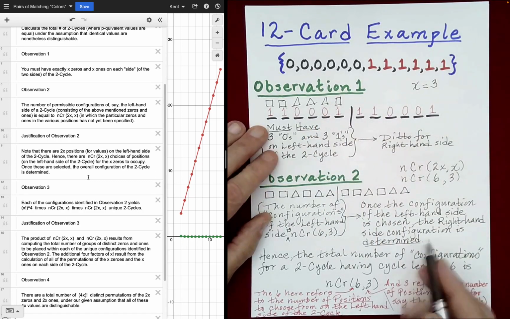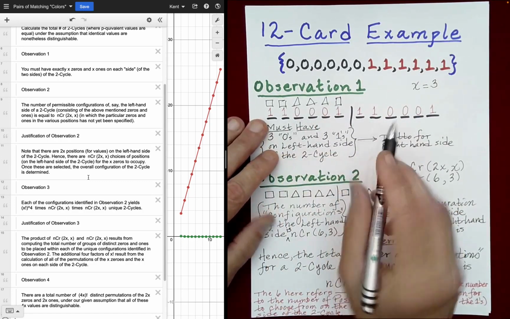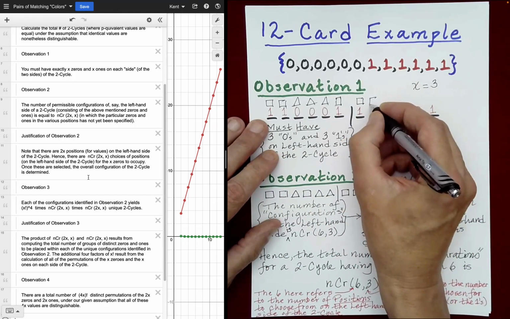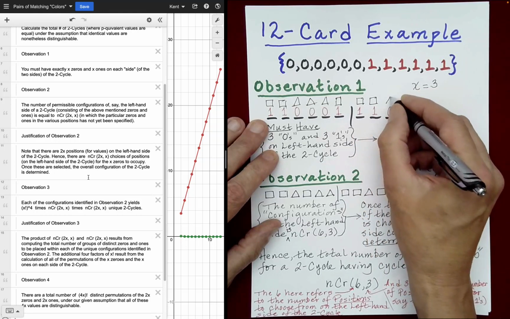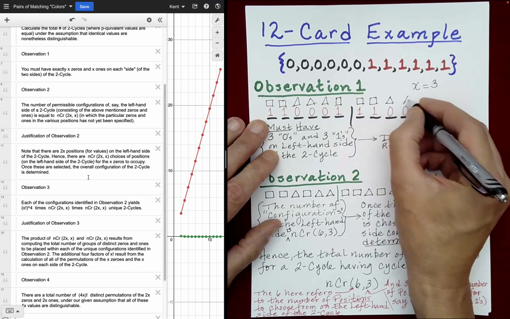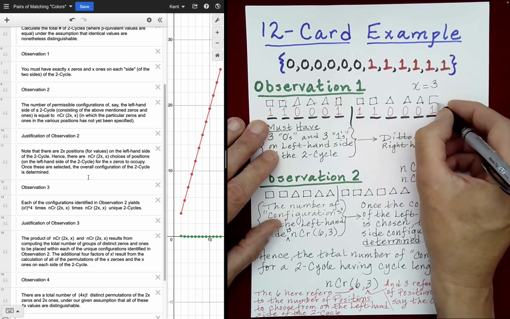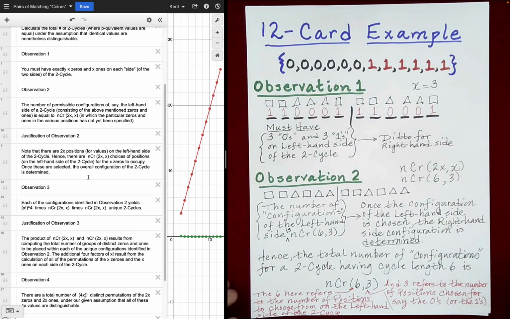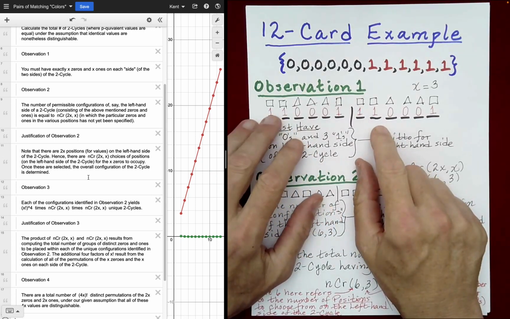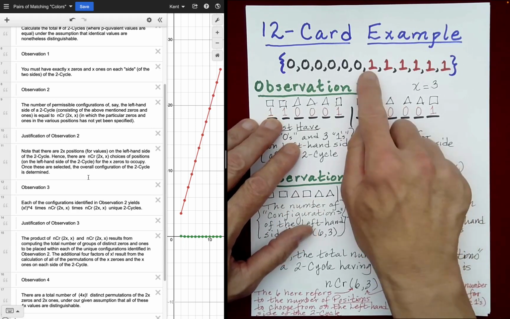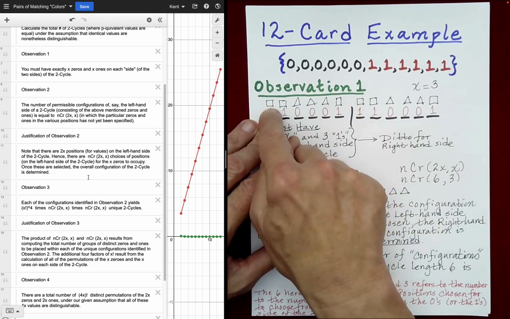Well, we know that we have to have that same structure over here. That was the whole point, right? That's what's required for it to be a 2-cycle. So I'll just repeat that. A configuration is almost like a bird's eye view of the structure in which we're not at this moment worried about which particular ones are in this position.